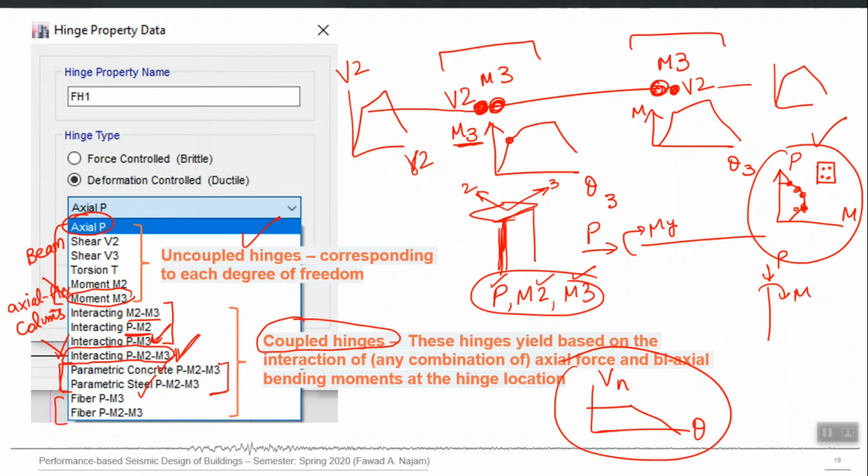It is going to reduce with more and more flexural deformation, right? So it may be possible that initially for low levels of flexural deformation, your shear capacity was enough against the shear demand, but at high levels of flexural deformation, your shear capacity reduces below the shear demand and your shear failure occurs prior to flexural failure.